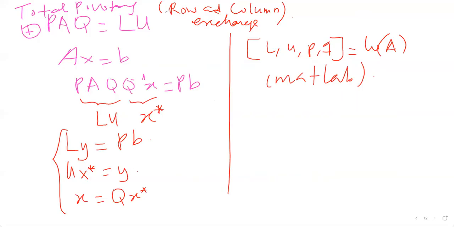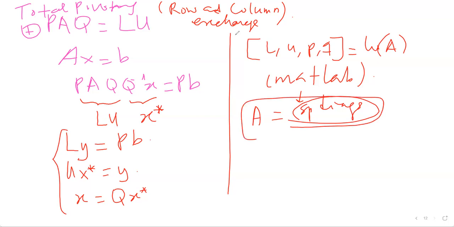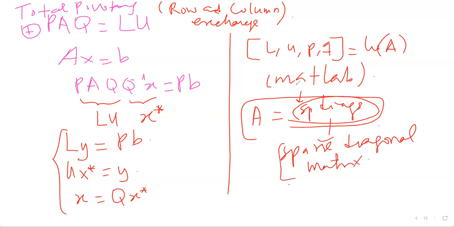When you have total pivoting, you have a row and a column exchange. But in MATLAB, the command you use for total pivoting is for when your matrix A is a sparse diagonal matrix. Of course, I'll show you over time how to create sparse matrices in MATLAB as well.